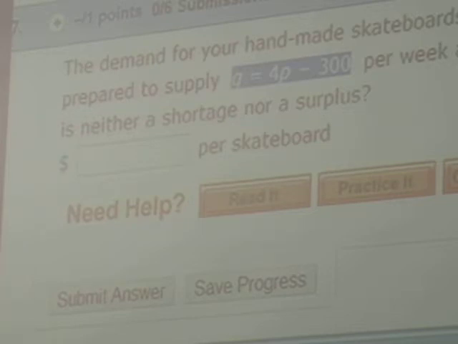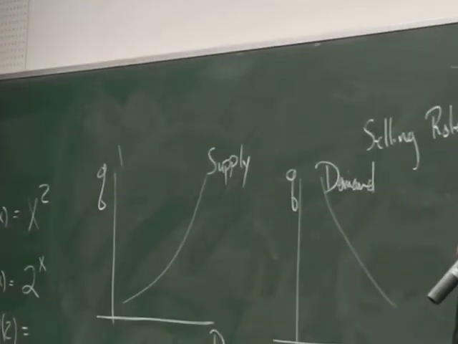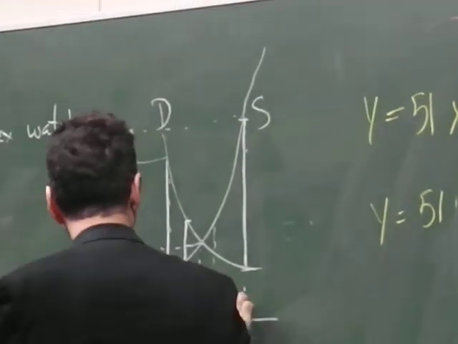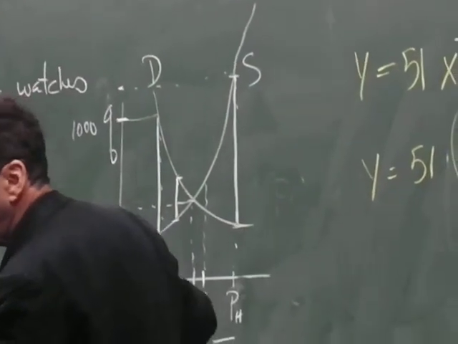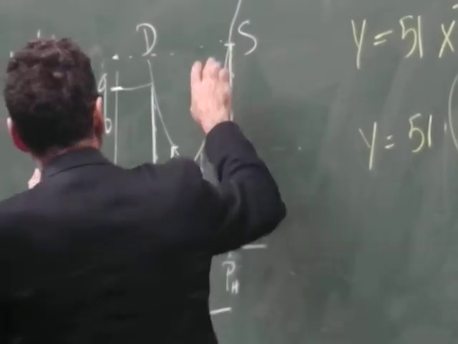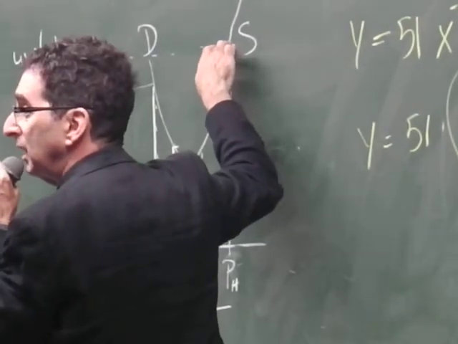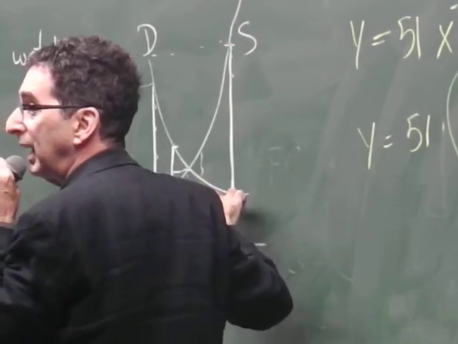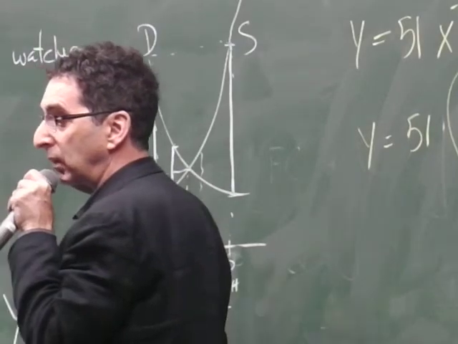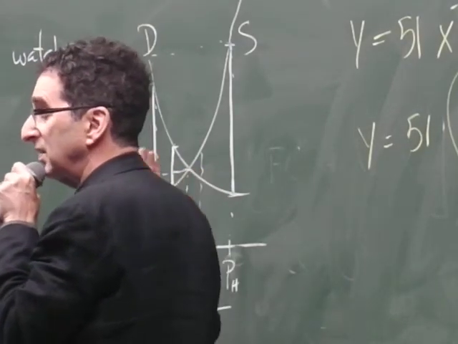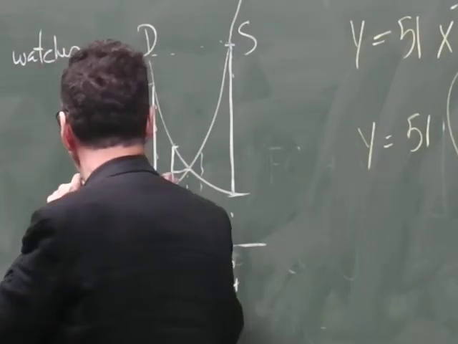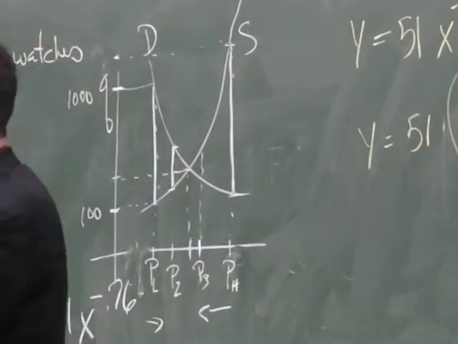Because over here, there's a shortage. The demand is high and the supply is low. That's a shortage. And over here, there's a surplus. Too much available and no demand. So when there's not any surplus and there's not any shortage, that's here. That's the equilibrium price, right?